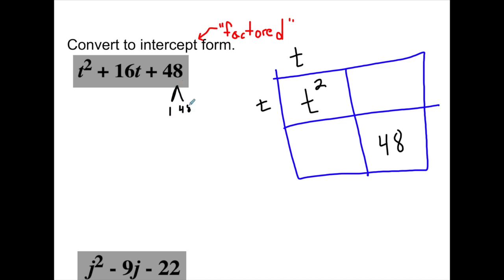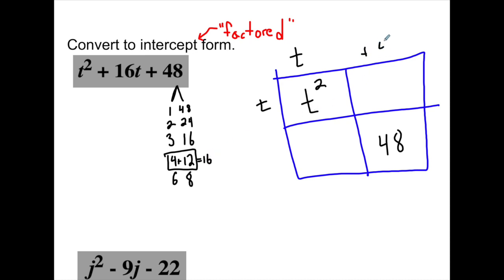So I could have 1 and 48, I could have 2 and 24, I could have 3 and 16, I could have 4 and 12, I could have 6 and 8, and that is all. So I take a look through. Any of these look promising? Looks like 4 and 12 does, because 4 plus 12 equals 16. Let's try it out.